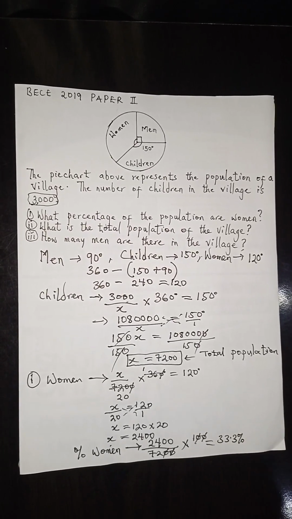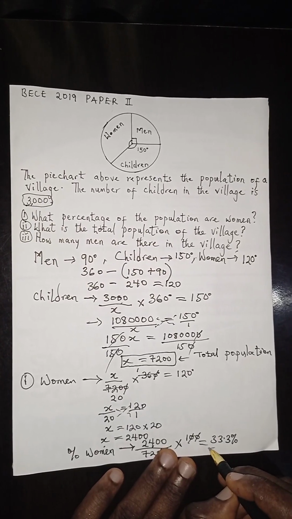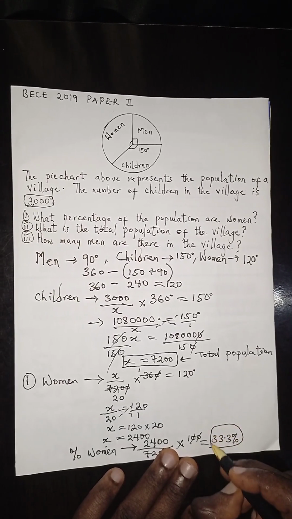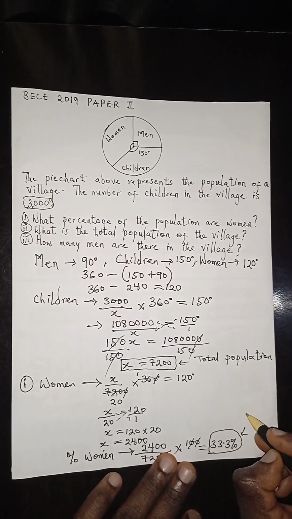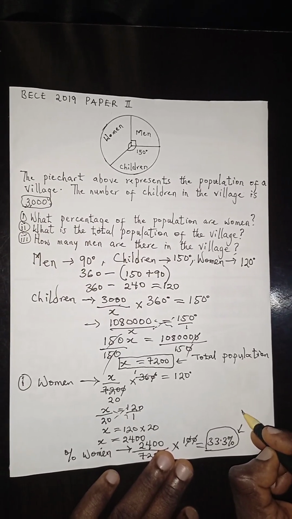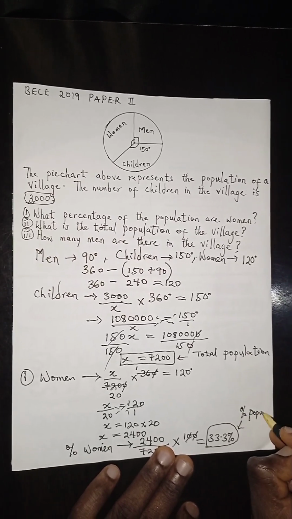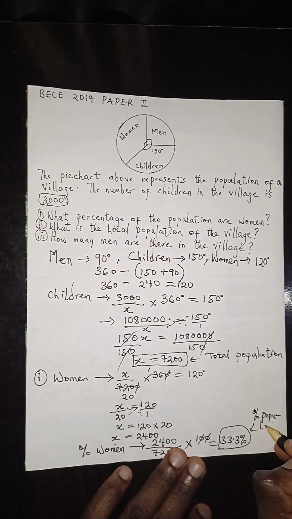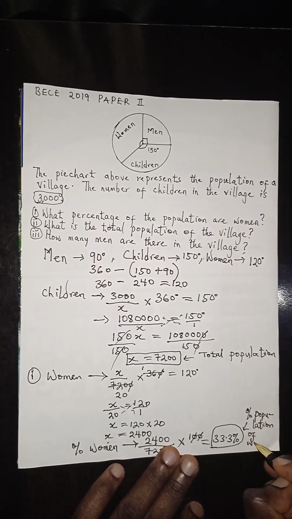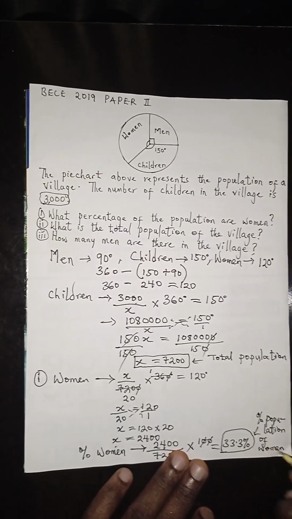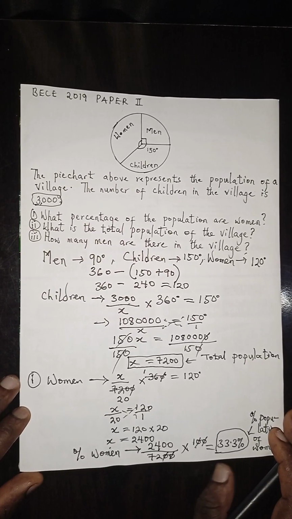So the percentage population of women is 33.3%. Good. So that's the first question actually.